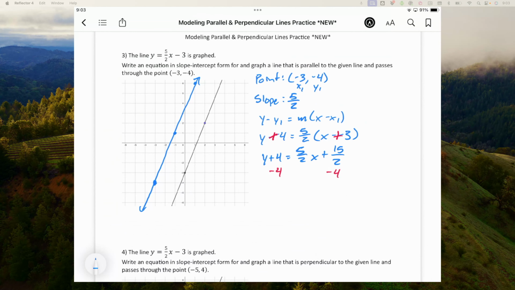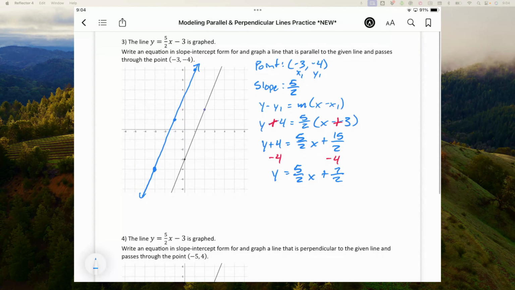So y is equal to 5/2 x plus 7/2. And so that's going to be our equation for it, recognizing again that we do not need the equation to graph it because we can just start at a point that we were given and then follow the slope from there.